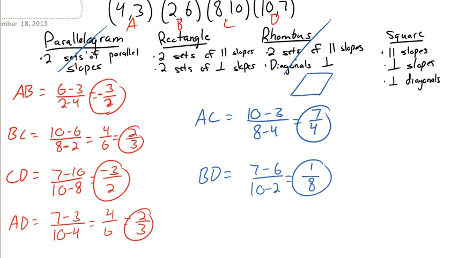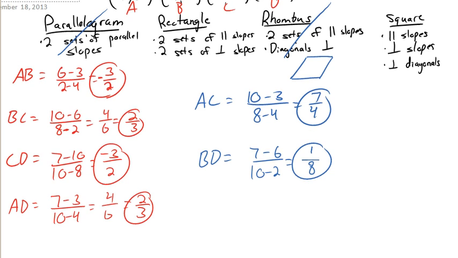So again, AC was 10 minus 3, which is 7 over 8 minus 4, 7 fourths. BD is going to be 7 minus 6 over 10 minus 2, which is just going to be left as 1 over 8. Those are not perpendicular diagonals, therefore this shape is a rectangle.